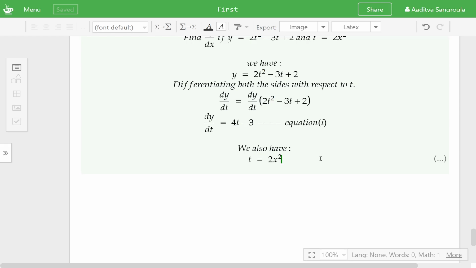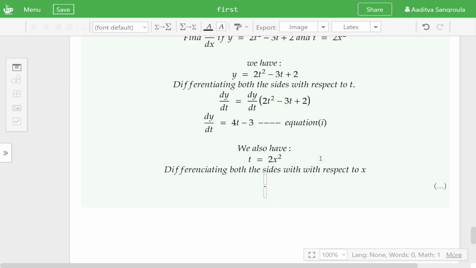Well, we can do something like differentiating both sides with respect to x once. Okay, yeah, we can do it with x. Let's see.